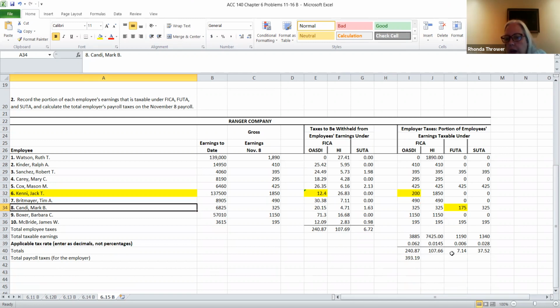So what you're going to do is add these amounts together here, and that's how you get $393.19. But technically, you owe not only the employer's share of taxes, you would owe the employee's share of taxes too. But in Cengage, they just wanted the payroll taxes for the employer here at the bottom.